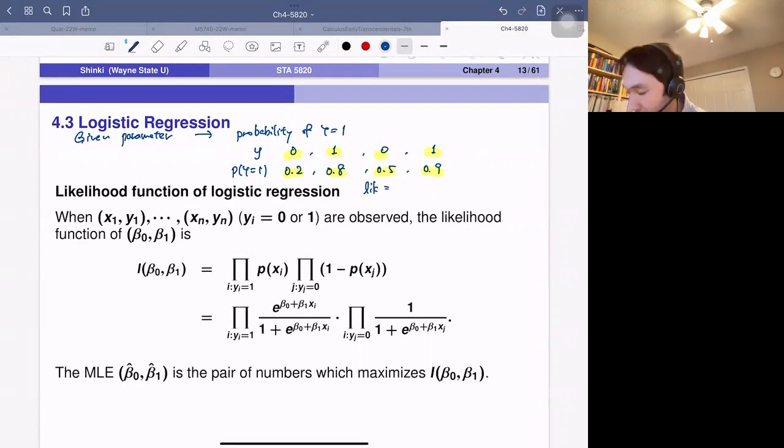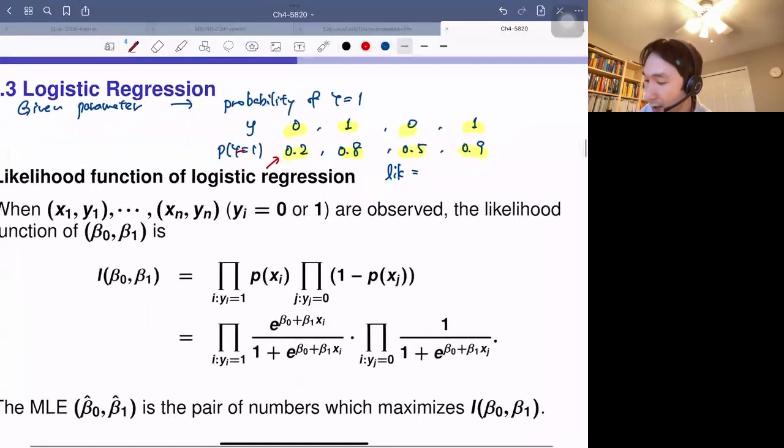At first, the success probability is 0.2, and actually it failed. So we are 80% correct. The probability of Y equal to 1 is 0.2, which means the probability of Y equal to 0 is estimated as 0.8.